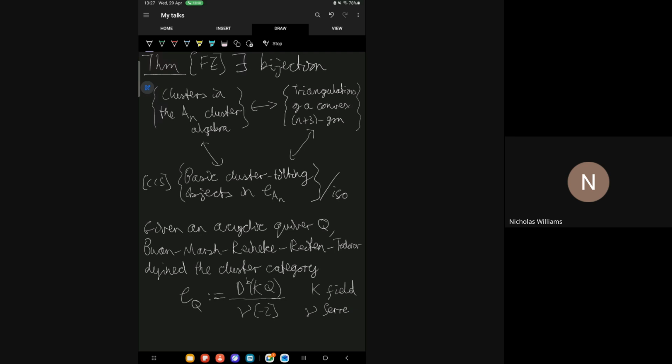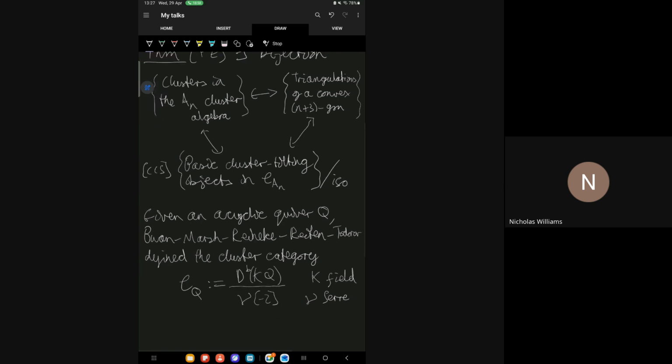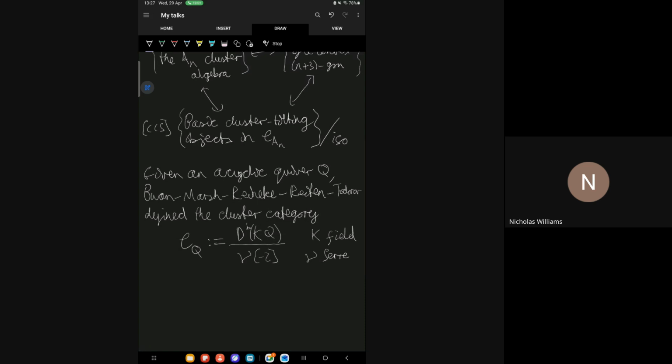So I'll give some explicit example of this later, which hopefully will be helpful if you haven't seen this before. So yeah, this is also a triangulated category.